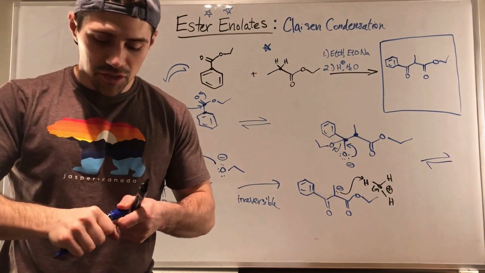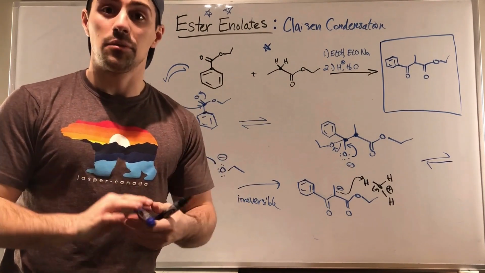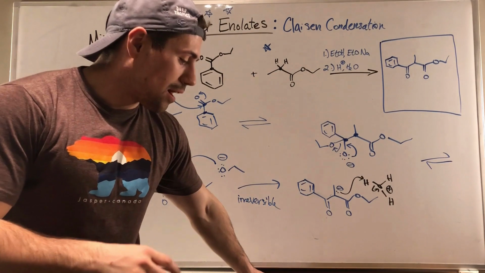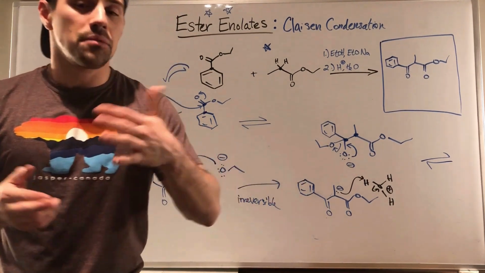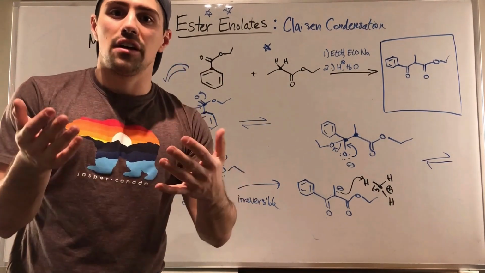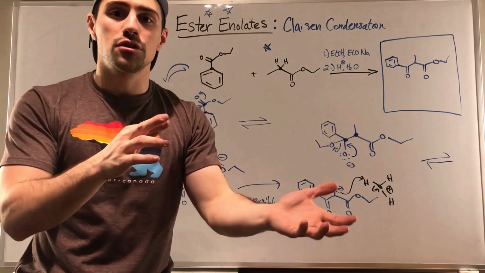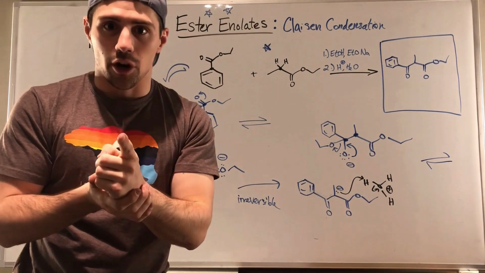Okay, so I know this video was a bit on the longer side, but think about everything we just covered. We talked about how we can use esters to generate ester enolates, something we've worked with in the past. Now we've tossed in a different functional group, and we saw that basically sets us up to use one alpha carbon.